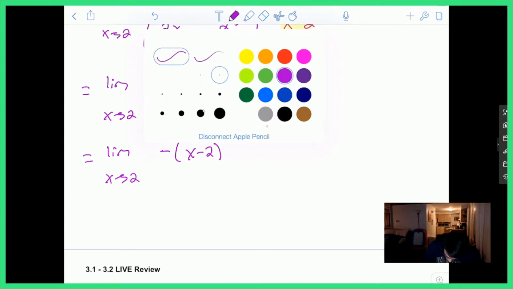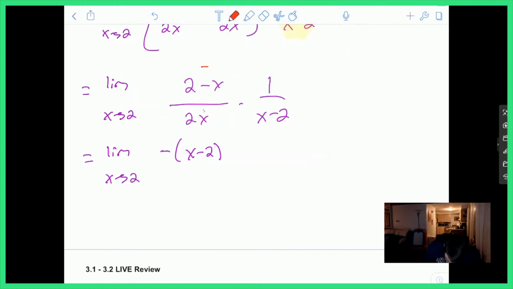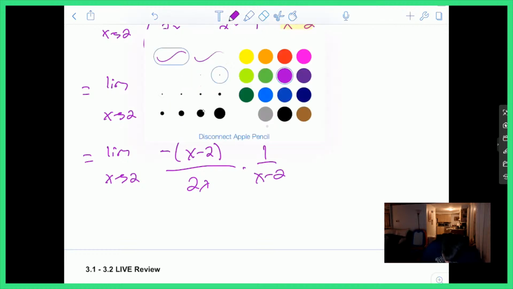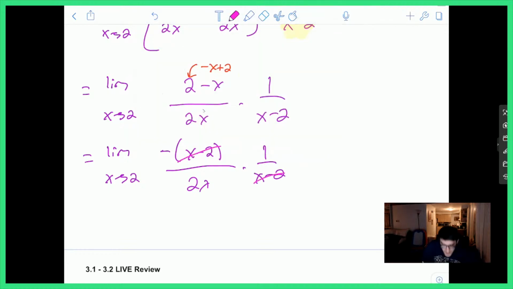Did I do that right? Because if I rewrite these, this is negative x plus 2. So I pull the negative out so I can cancel, times 1 over x minus 2, and they just cancel each other out. I do have the negative on top though, so don't forget about that.